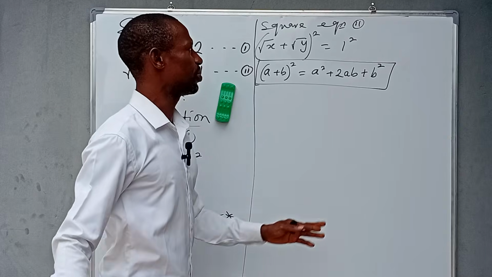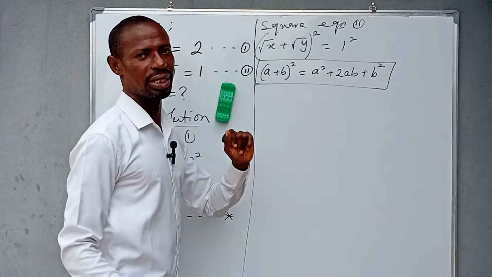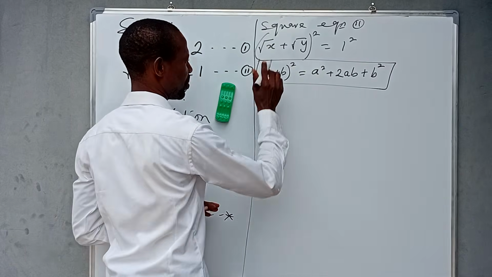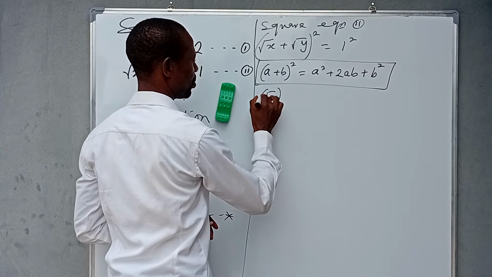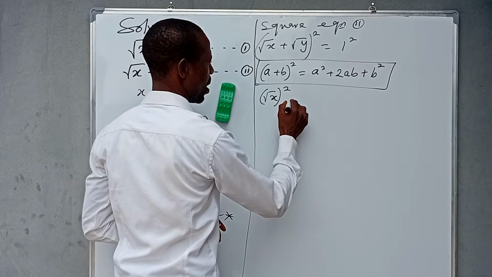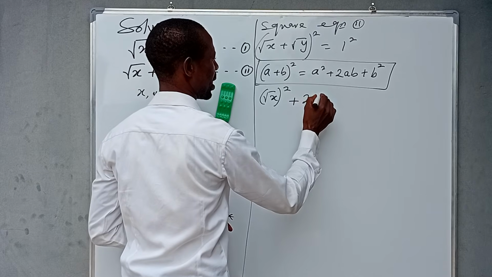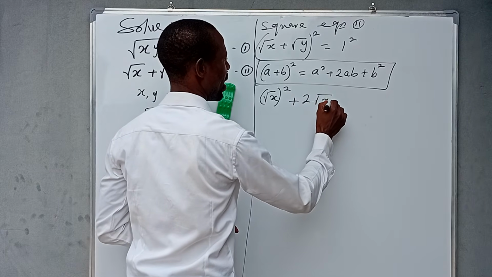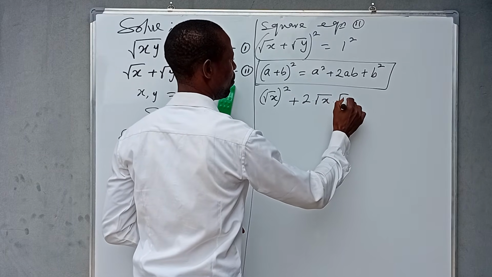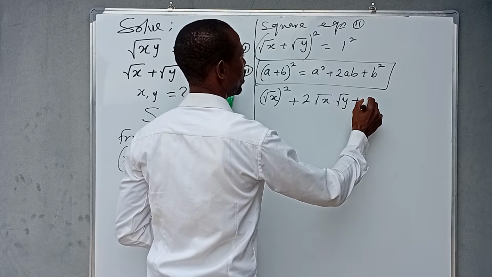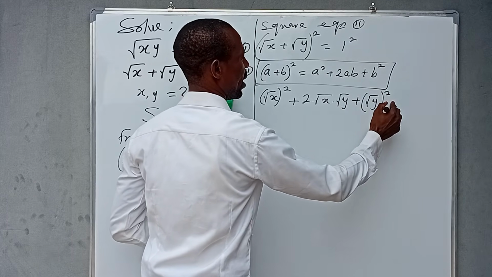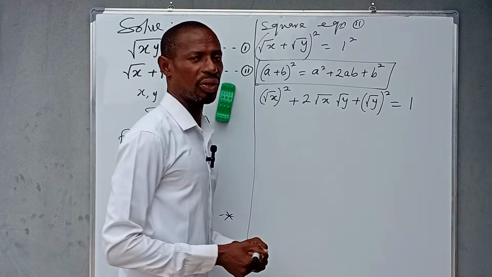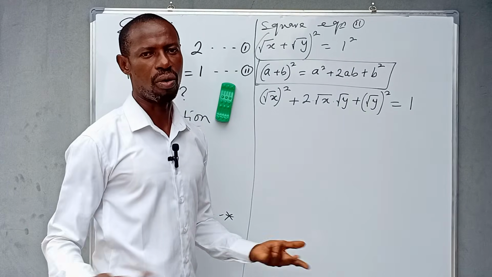So we apply this rule here. This expression gives us the square root of x all raised to the power of 2, plus 2 times the square root of x times the square root of y, plus the square root of y all raised to the power of 2, everything equal to 1, because 1 to the power of 2 gives us 1.